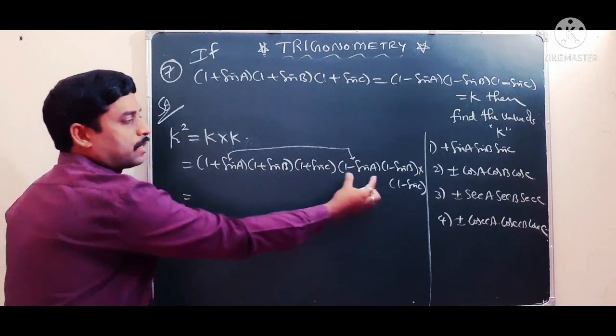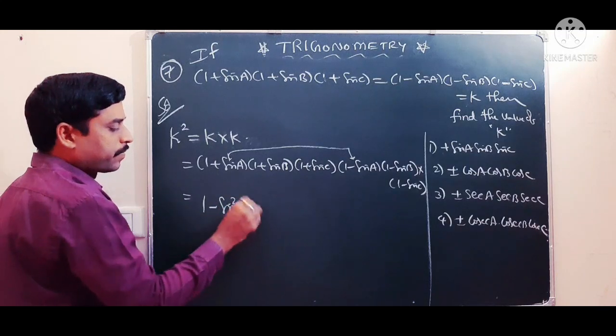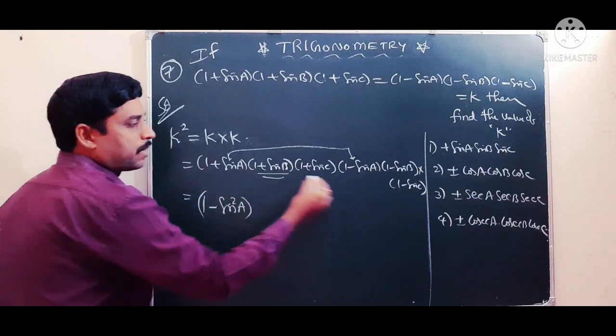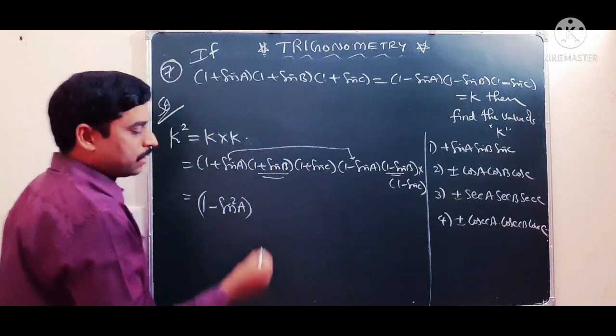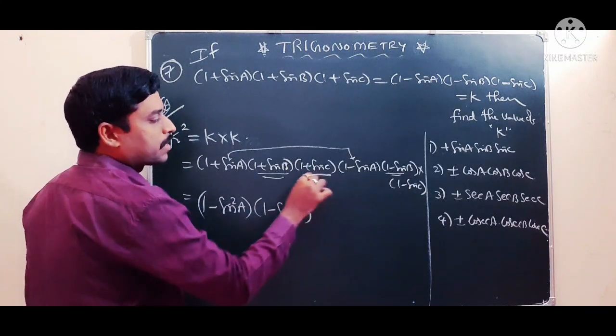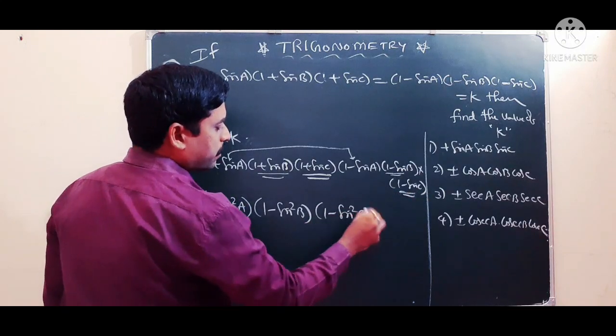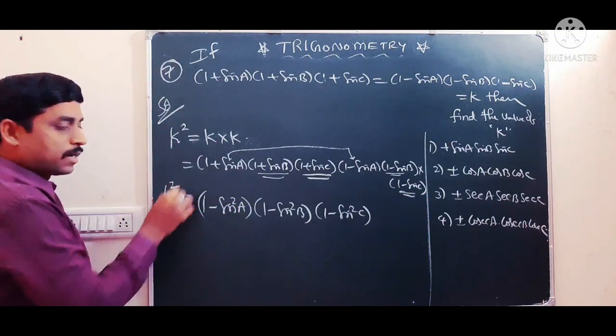1 plus sin A into 1 minus sin A will be 1 minus sin square A. 1 plus sin B into 1 minus sin B will be 1 minus sin square B. 1 plus sin C into 1 minus sin C will be 1 minus sin square C, which is equal to k square.